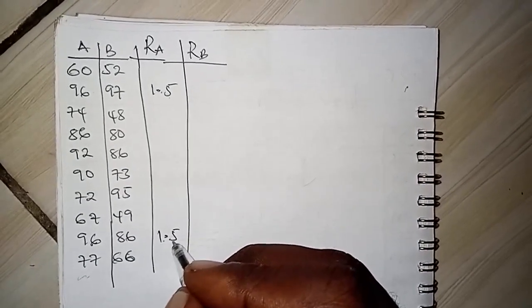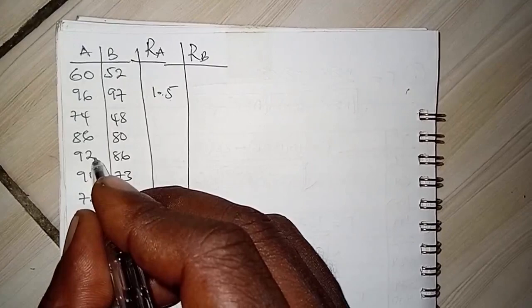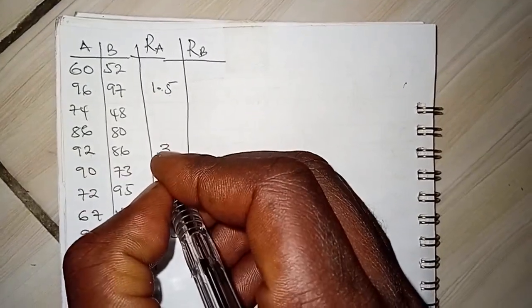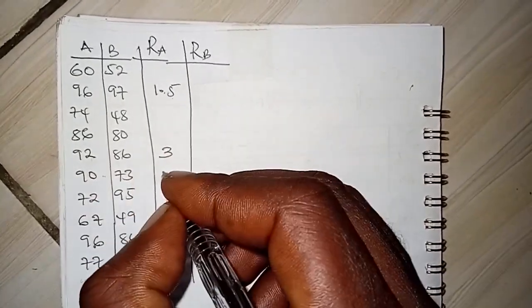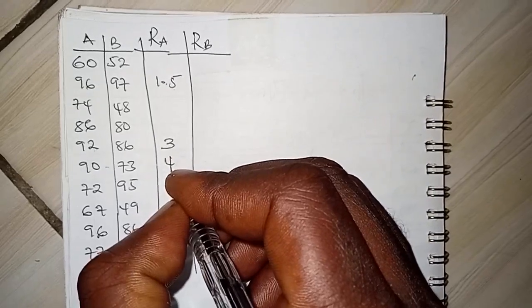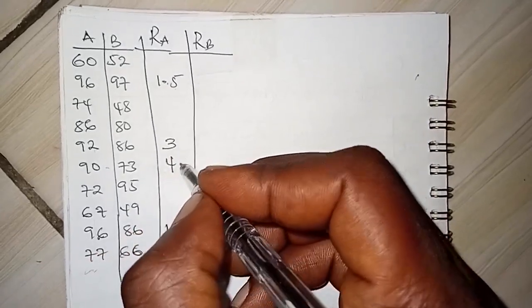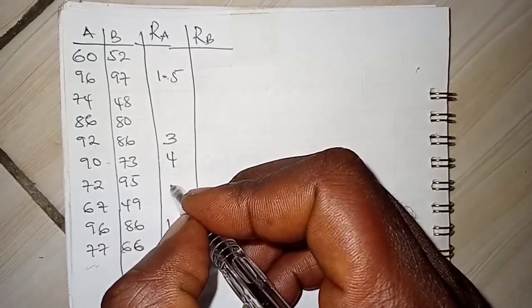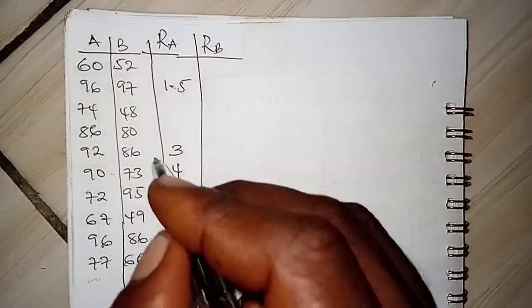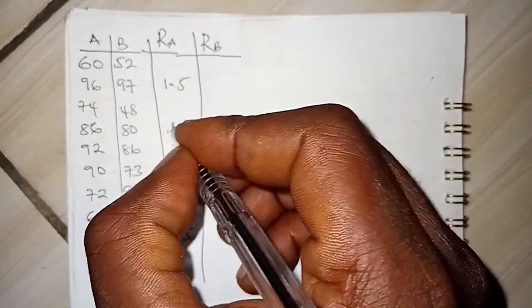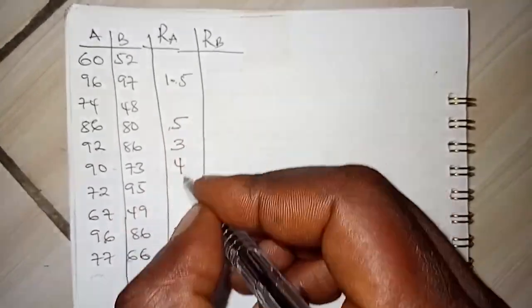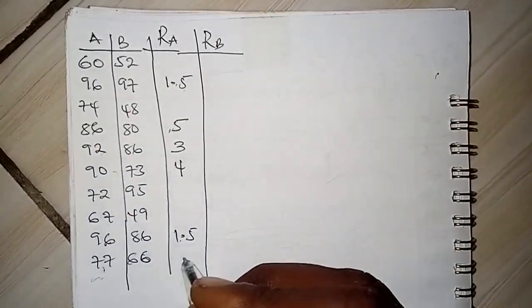So the next value there is 92. We give it 3. The next one there is 90. We give it 4. The next one is 86. We give it 5. The next one is 77. We give it 6.